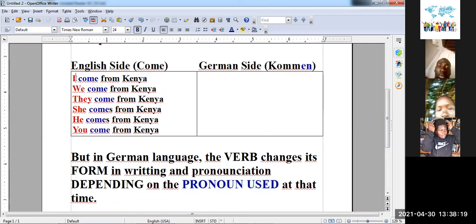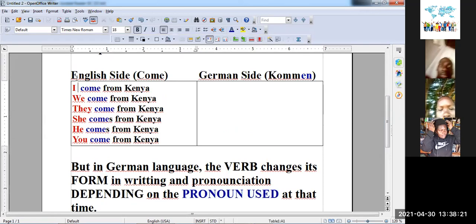In German language, I is written ich. We is written wir, with a W, not a V, because now we are professors of German spellings. Wir, that's we.